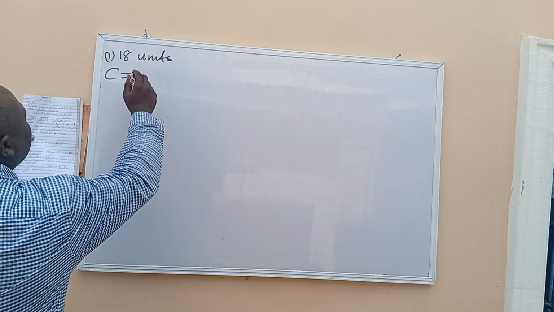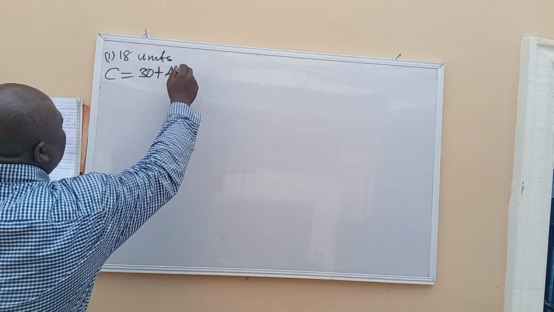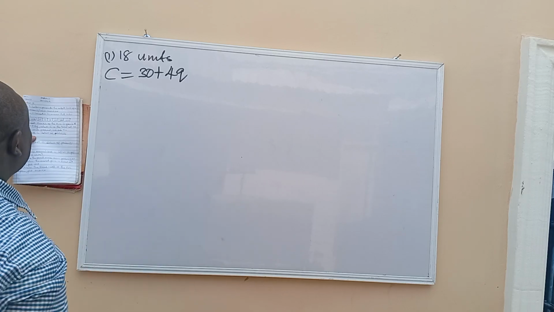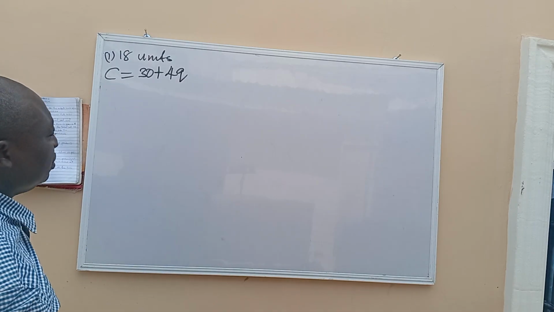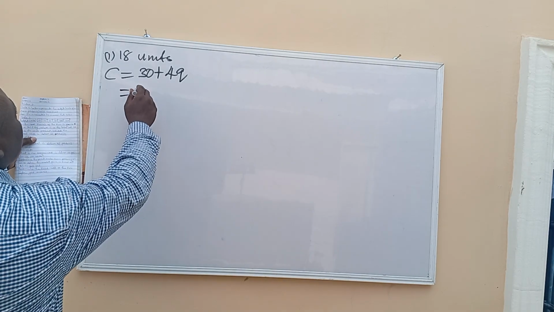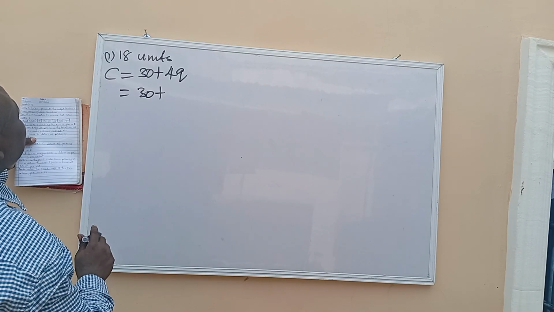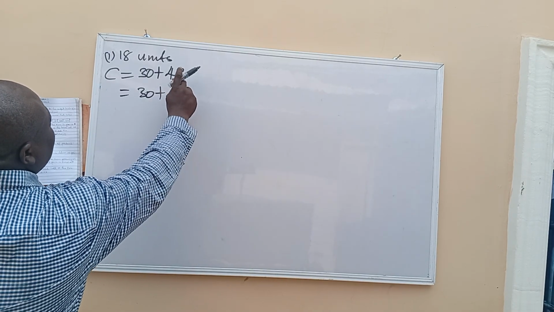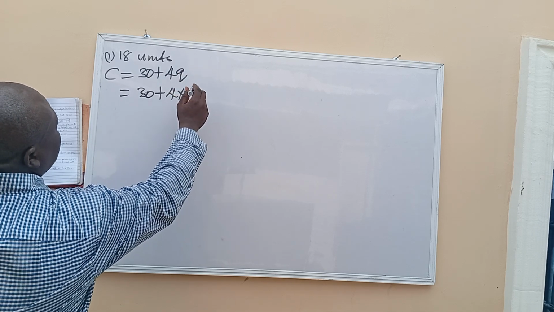You have C equals 30 plus 4Q, where C is the total cost. Now, when the units produced is 18, you have 4Q to be 4 times, where you see Q, put 18. This is the unit, Q is the quantity.